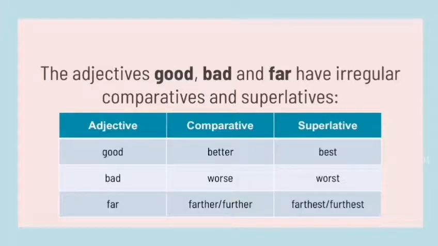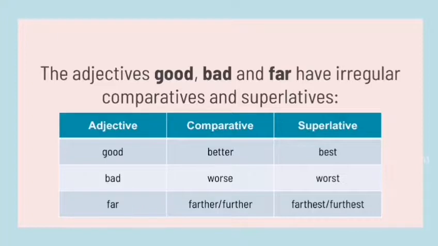Now, the adjectives good, bad, and far have irregular comparatives and superlatives. For good, the comparative form will be better, and the superlative form is best. For bad, the comparative form is worse, and the superlative form is worst.